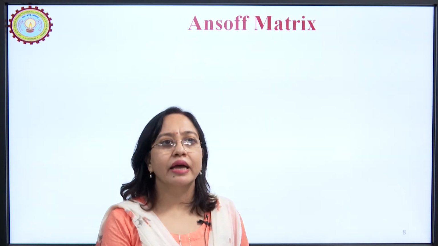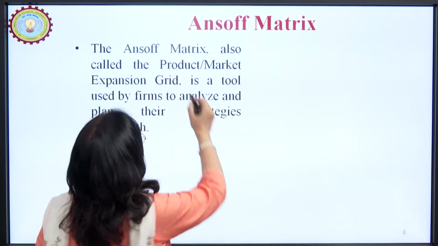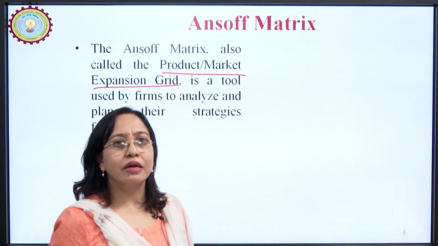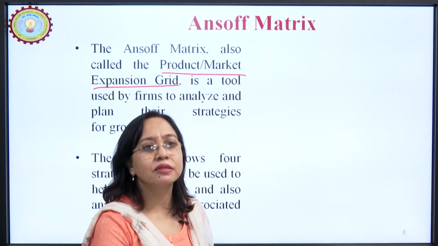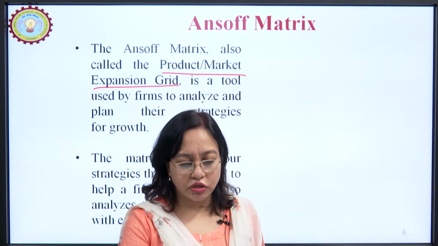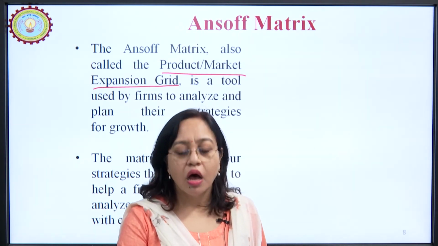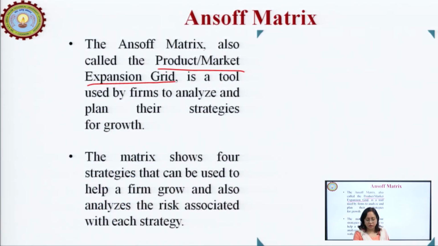Then the second is the Ansoff matrix. The Ansoff matrix is also known as the product market expansion grid. Many of the strategies in this we have discussed, and like the BCG matrix, it allows managers to plan their strategies. Again here there are 4 strategies which a manager can use on the basis of the risks involved.